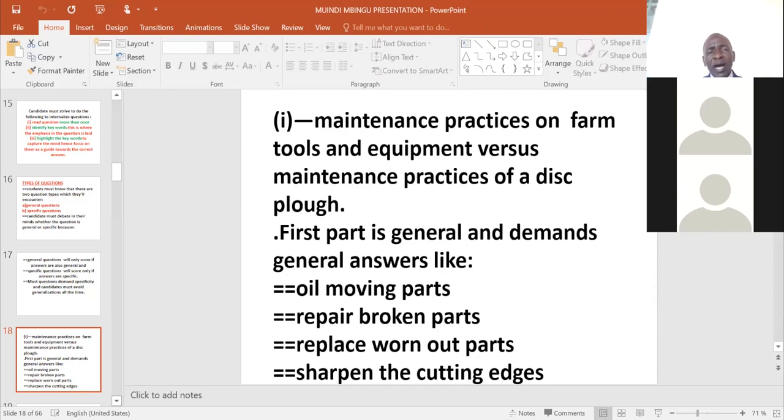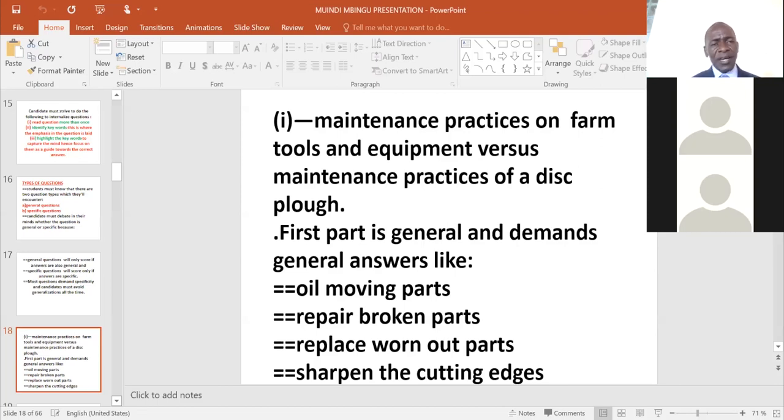Let's formulate a question out of that statement. 2 questions, in fact. Outline the maintenance practices on farm tools and equipment. In your view, is that a specific question or a general question?